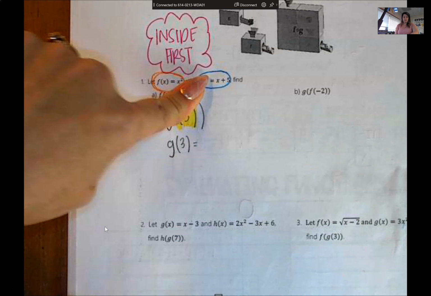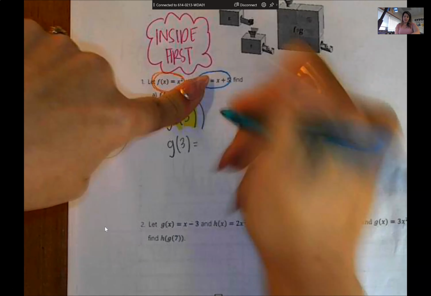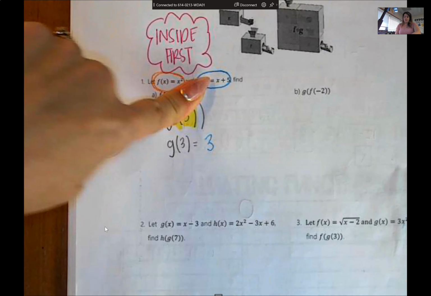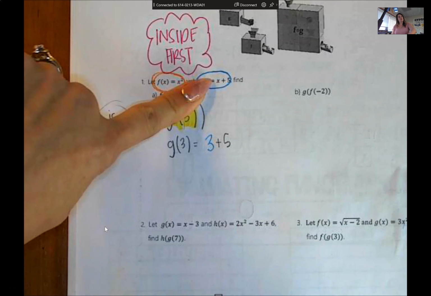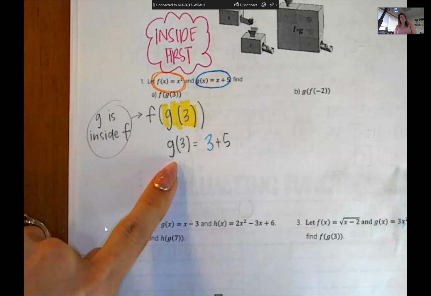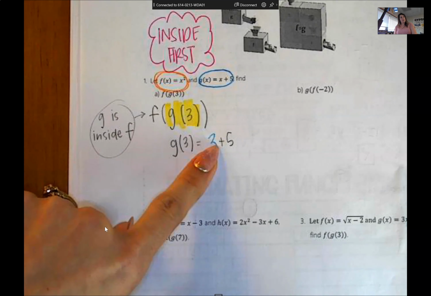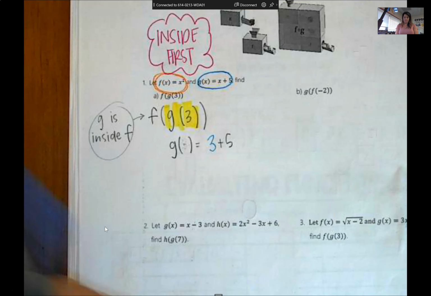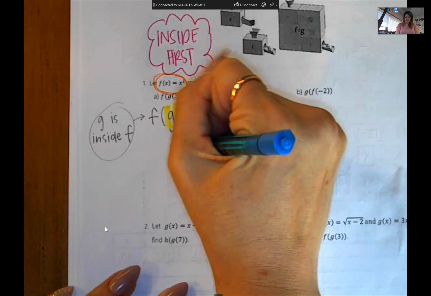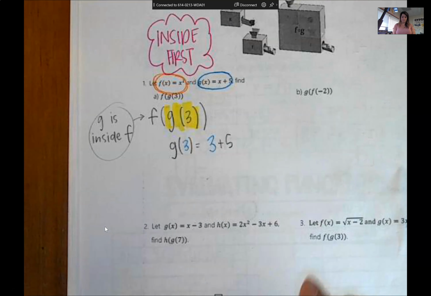So they want us to plug 3 into that and add 5, because the function is x plus 5, so we're plugging in this 3 into the g. Are you guys okay? Was that a yes? Okay, what do we get?